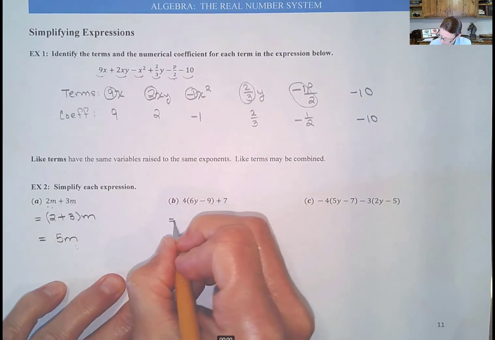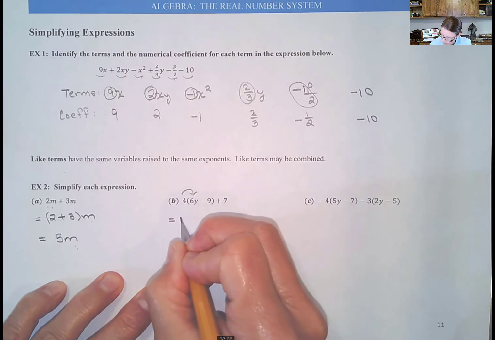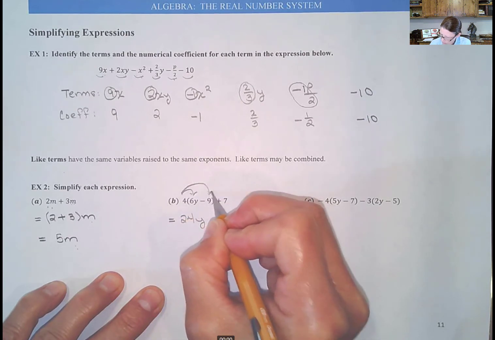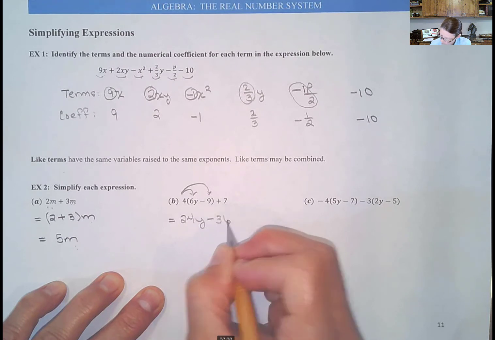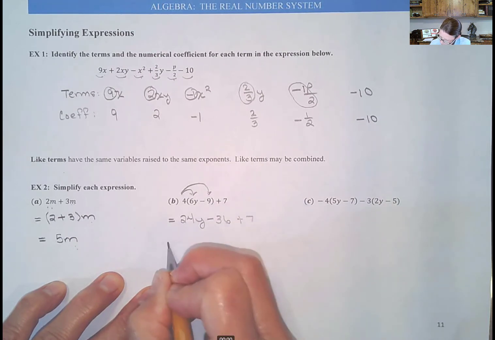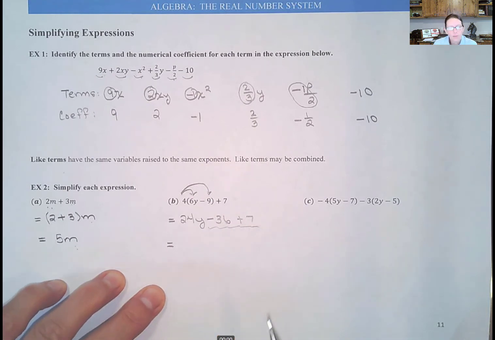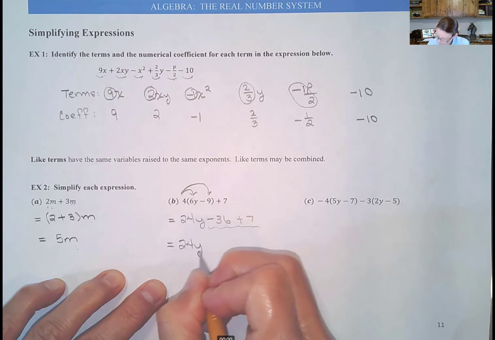Part B. Let's use our distributive property. 4 times 6y is 24y, minus 4 times 9, or minus 36, plus 7. Now as we think about our like terms, the number-only terms here, so we write 24y.